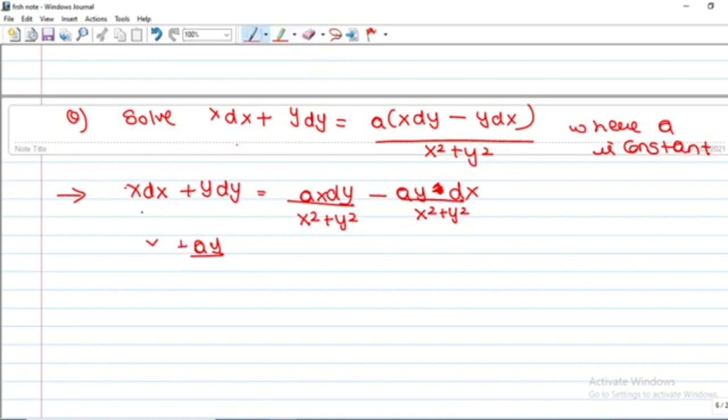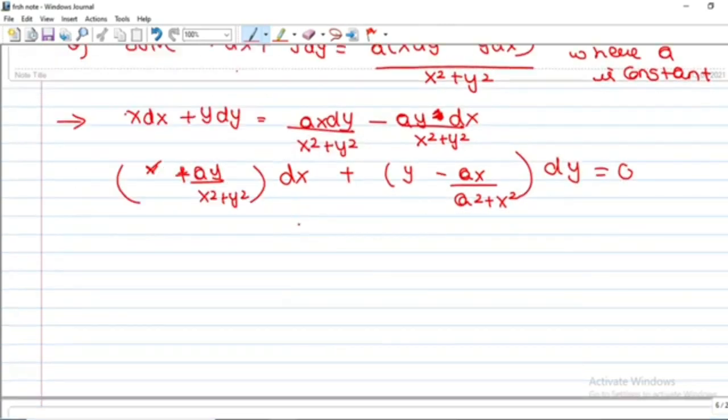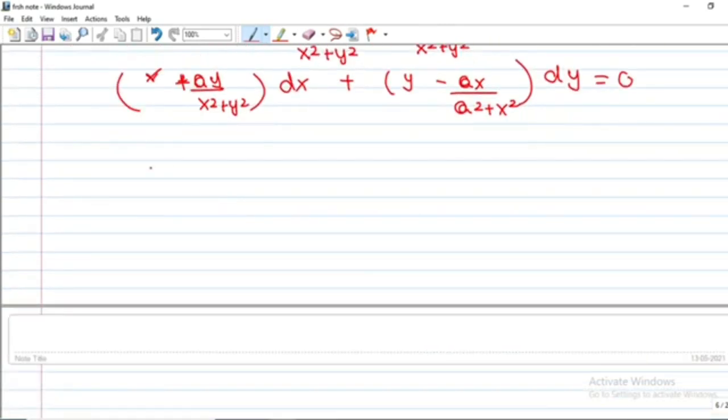Here it will be x plus ay the whole upon x square plus y square the whole dx plus y minus ax the whole upon x square plus y square dy equal to 0. Now if you observe, we got the thing into M of x comma y dx plus N of x comma y dy equal to 0 format.